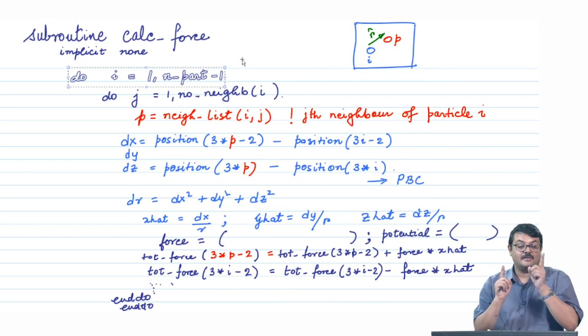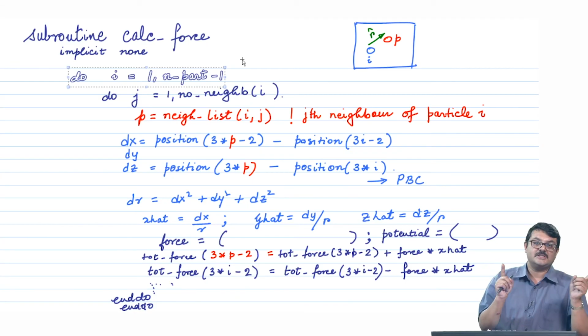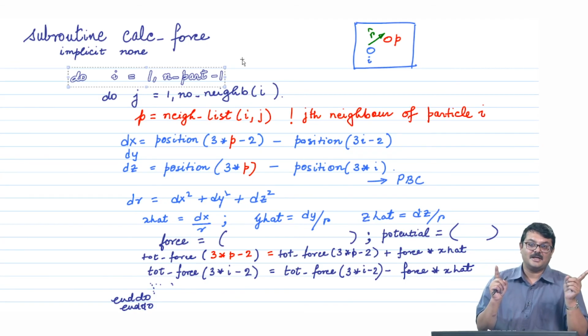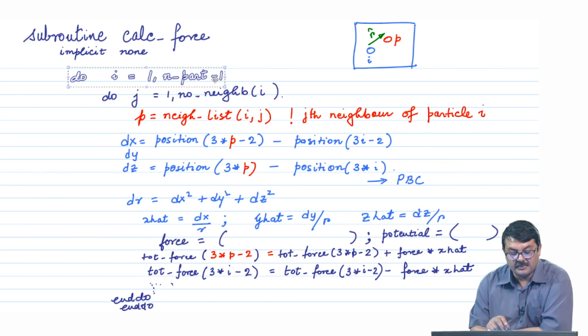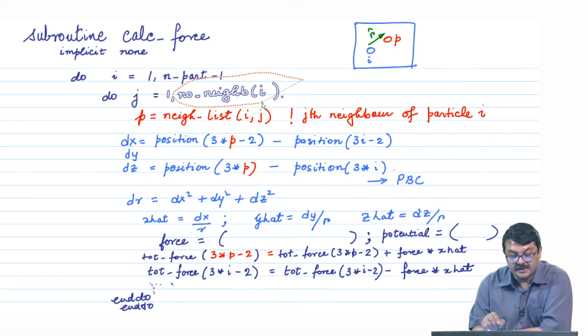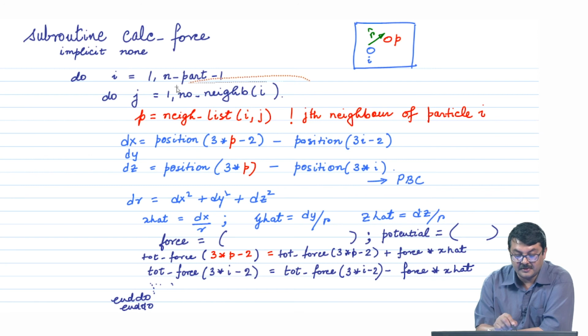If some force is acted on particle j, an equal and opposite force is acted on particle i, so you do not need to calculate it twice. So, do i equal to 1 to n part minus 1, do j equal to 1 to the number of neighbors of i.